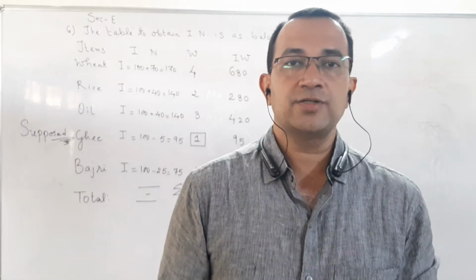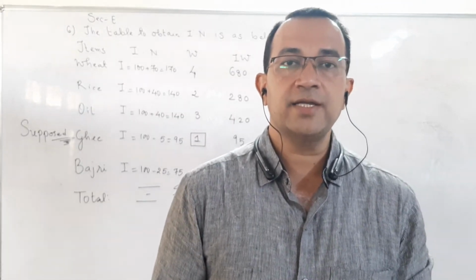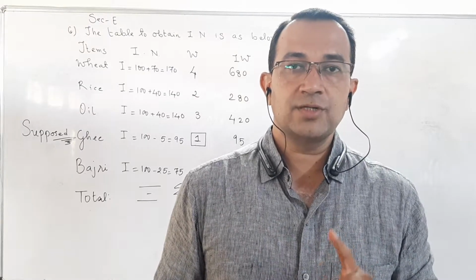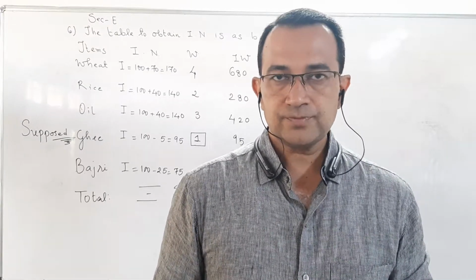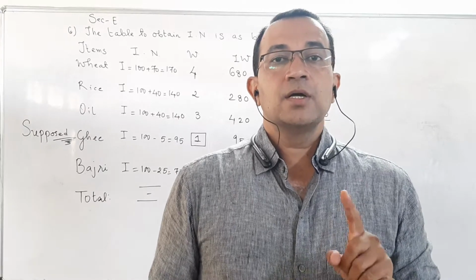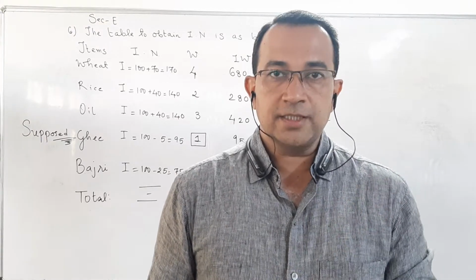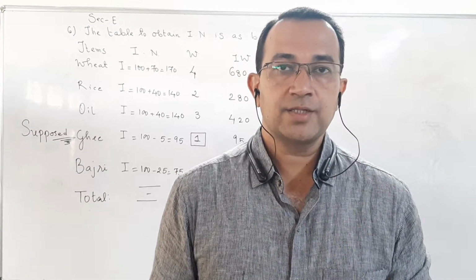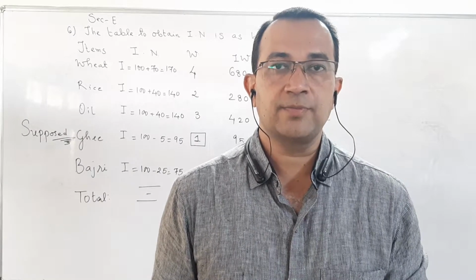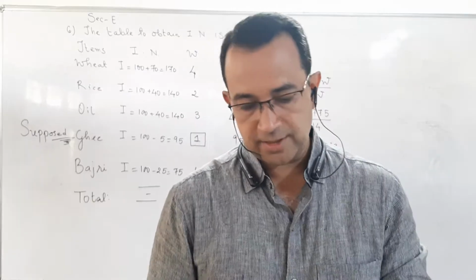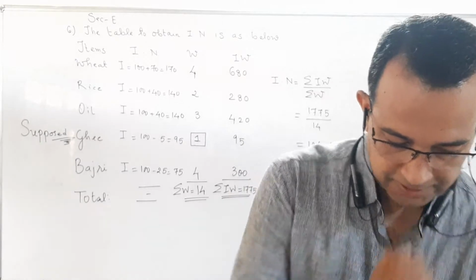Interpretation I am not writing, students. You can easily write interpretation on your own. The price in current year has increased by 26.8% compared to that of base year. That much only, students, we have to write.